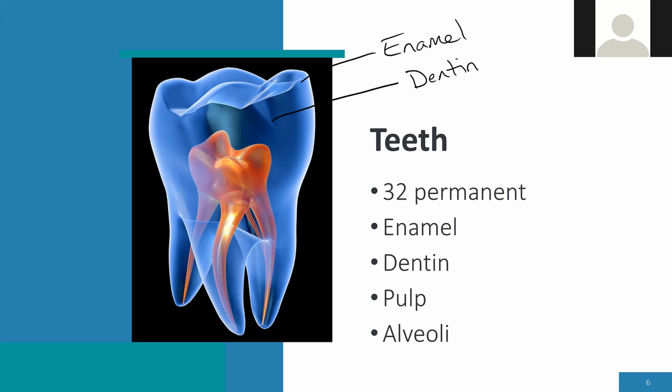And then deep down in the middle, the orange part in this picture, is the pulp, which is really tied in with the root. Like if you heard somebody have a root canal, that's really deep down in there. But that outermost layer is our enamel. And we've heard about that one in brushing our teeth and everything, we're protecting the enamel. Dentin is the next layer down, and then pulp is that core middle layer.